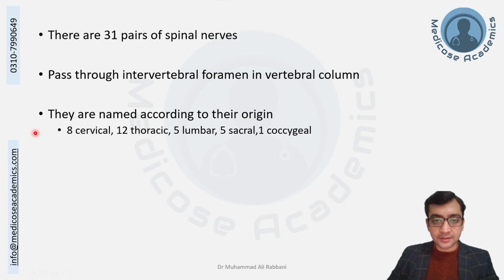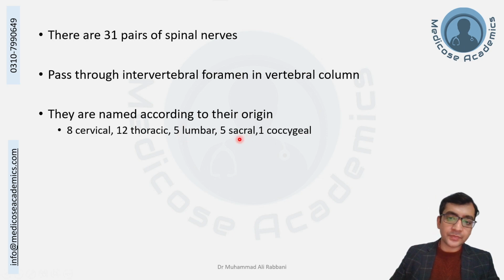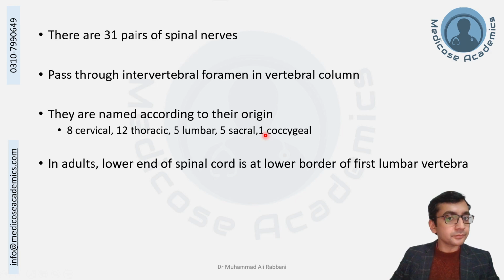In the neck region, the cervical region, there are 8 spinal nerves. In the thorax region, there are 12. In the abdomen, lumbar region, there are 5. In the sacral region, there are 5. And in the tip, the tailbone, there is one coccygeal pair.